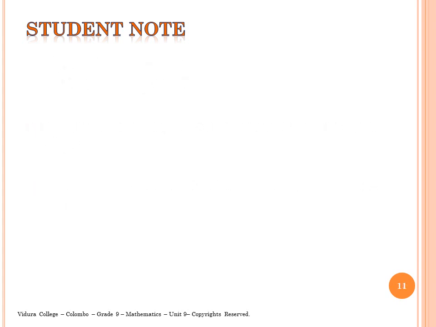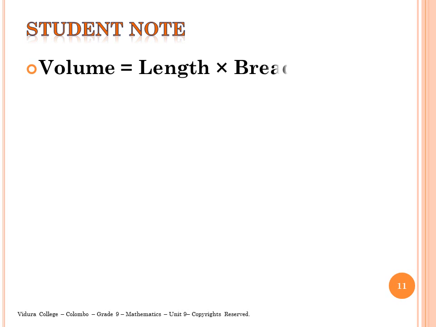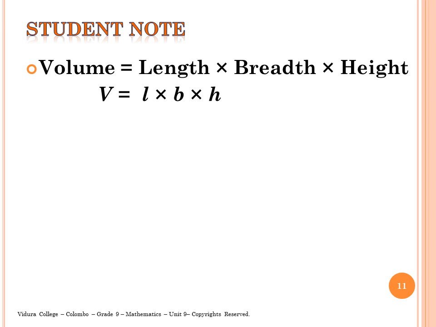Now we write down the two formulae to calculate the volume of a container. The first one is volume equals length into breadth into height. In short, V equals L into B into H. V equals LBH.